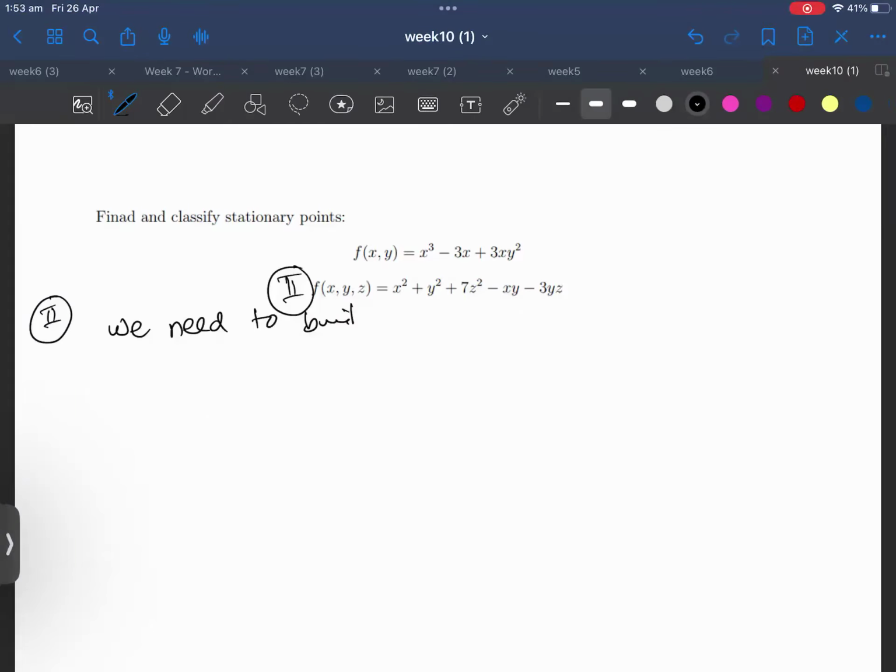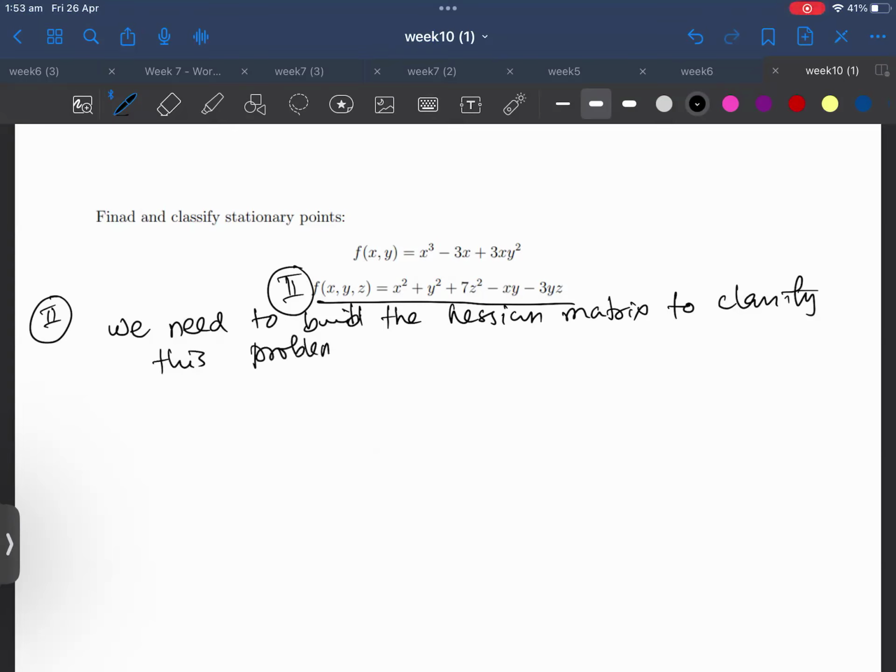So we need to build the Hessian matrix to classify the stationary points. We need 6 second derivatives due to the symmetry of the Hessian matrix.